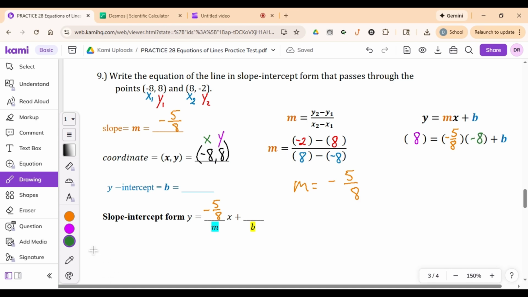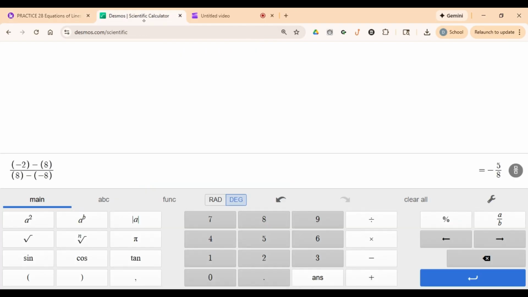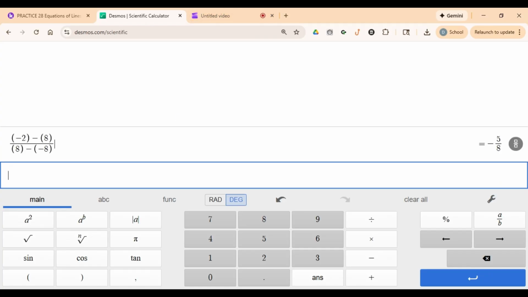Okay, so just like before, we are going to simplify this. We have 8 on the left side of the equal sign, equals, and what we need to do right now is multiply these two numbers, -5/8 and -8. If we multiply those together, let's see what we get.